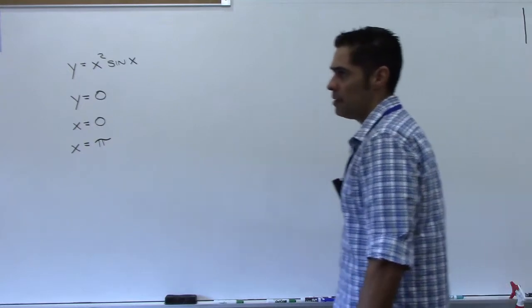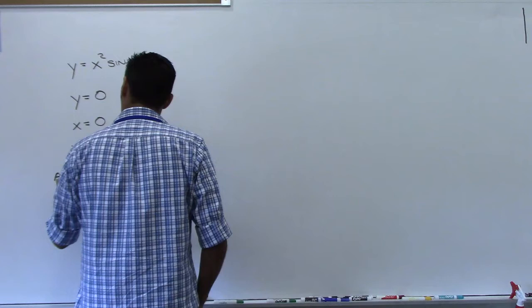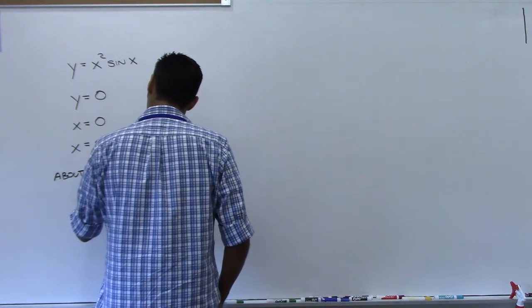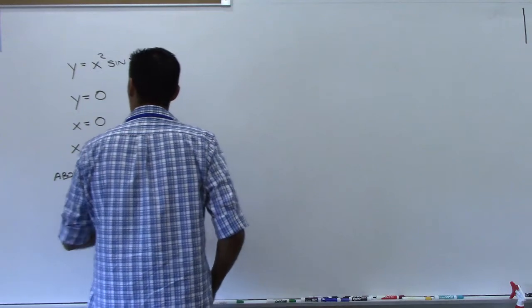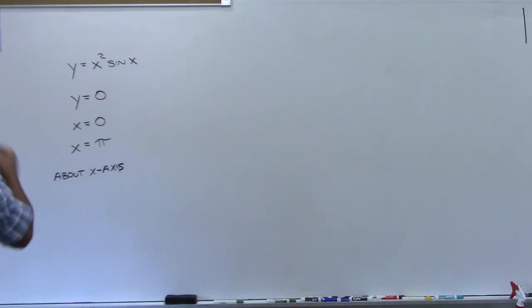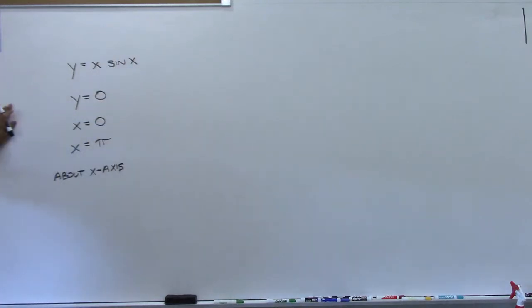And we want to rotate this about the x-axis. You know what? Hold on. Let me see if I want that. How about x sine x? That's still going to be kind of a problem.